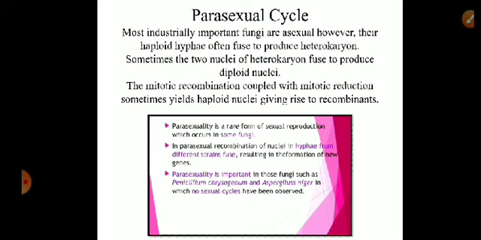The next method of recombination is the parasexual cycle. There are certain industrially important fungi which have an asexual mode of reproduction. But sometimes the hyphae of the asexual fungi having haploid nuclei fuse to produce a heterokaryon.